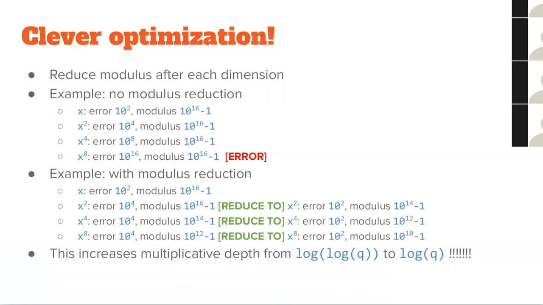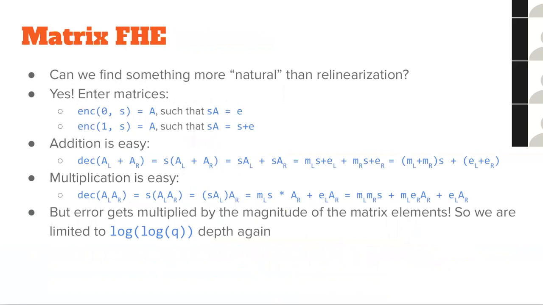Cool. Okay. So now we move on to what this presentation was supposed to be about, which is matrix FHE. The problem that matrix FHE solves is, basically, can we find something that's more natural and more efficient than relinearization, right? Relinearization is expensive, basically because it requires you to add a really huge number of ciphertexts.